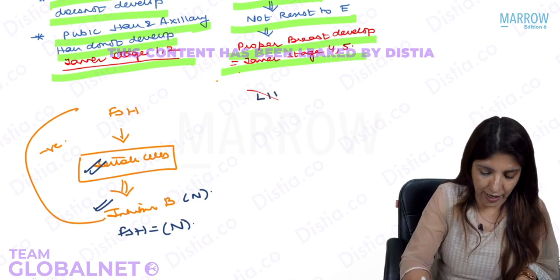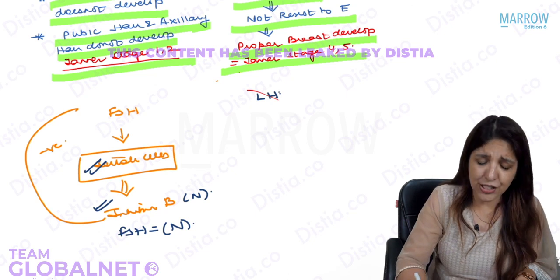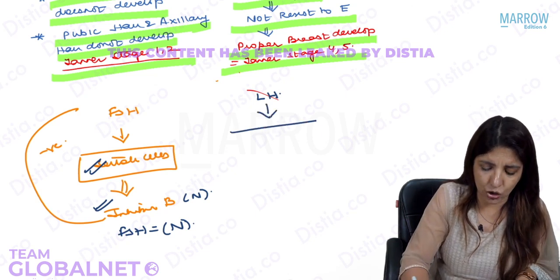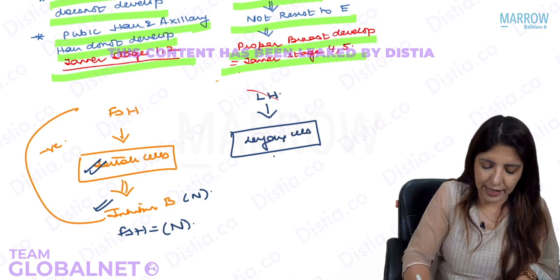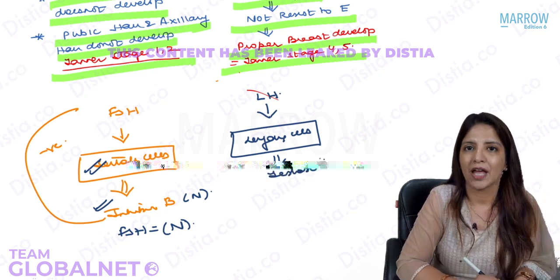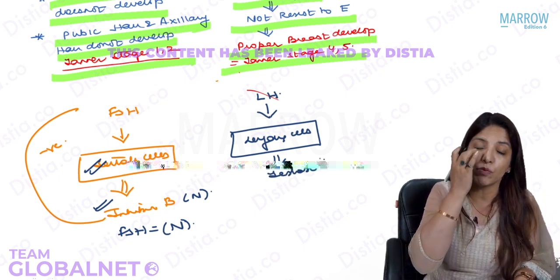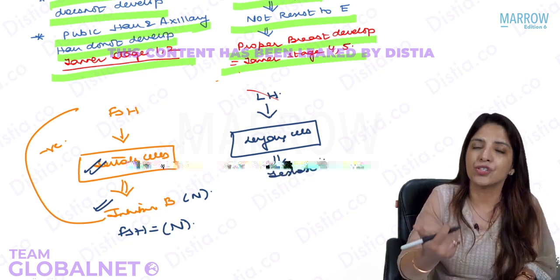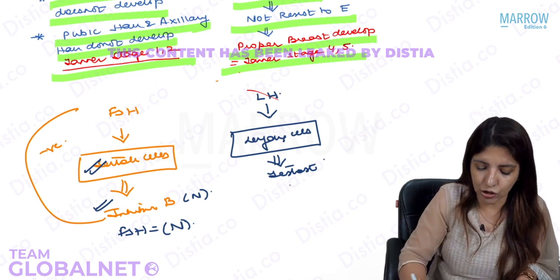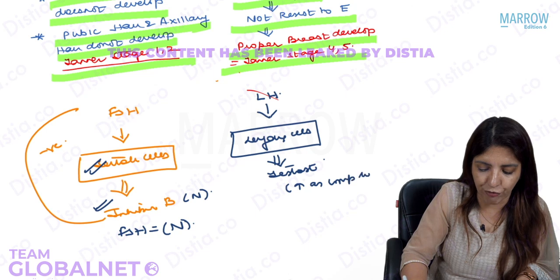Now, as far as LH is concerned, LH acts on Leydig cells, and Leydig cells produce testosterone. Because these individuals are resistant to testosterone, the levels of testosterone are high as compared to a female.